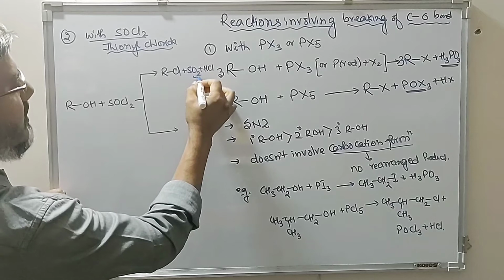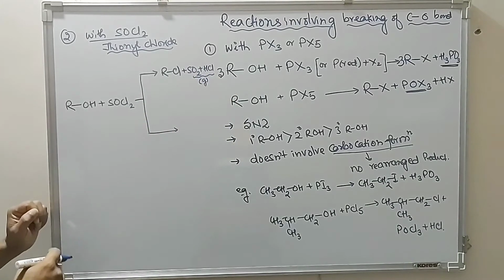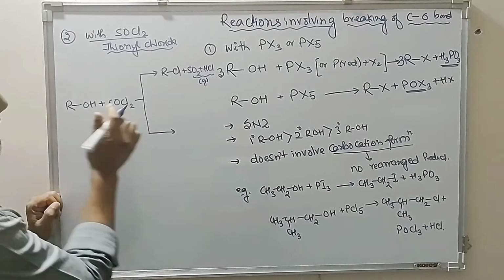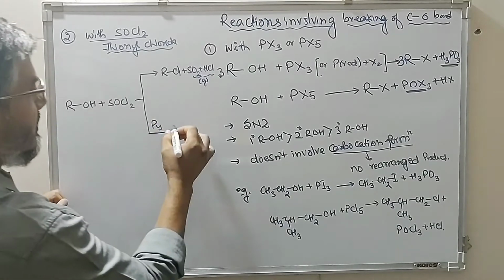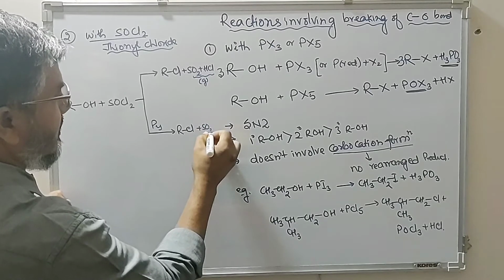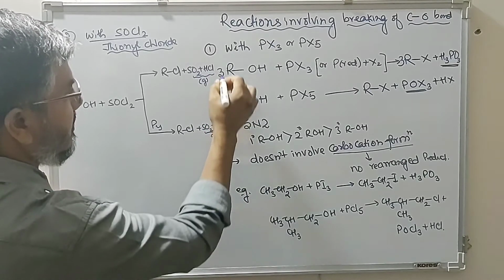These two byproducts are gases. But if the reaction is carried out in the presence of pyridine, then the product will remain the same, SO2 plus HCl, both of which are gases.